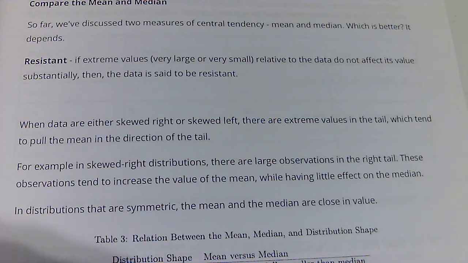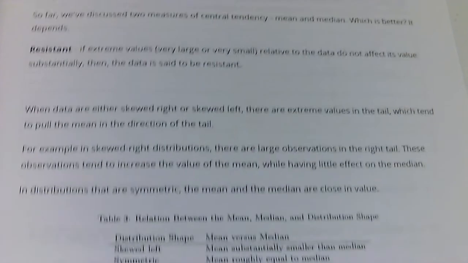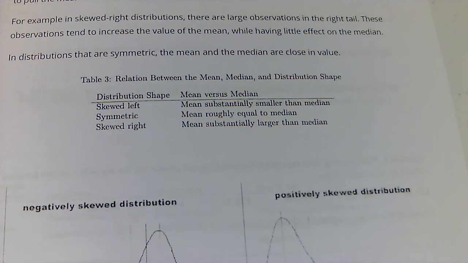Vice versa, if it's left skewed, it's going to pull the mean to the left. So the difference is that the mean is going to be shifted. So the mean is not resistant.